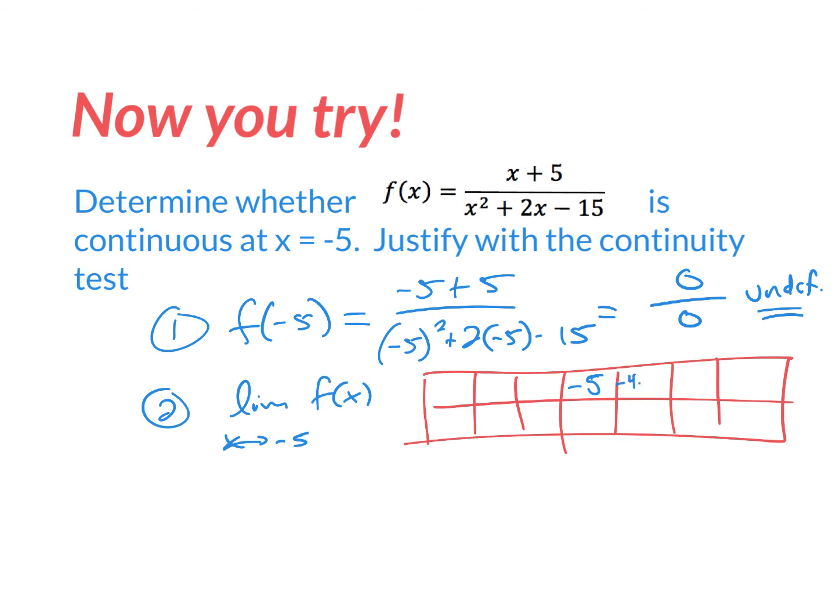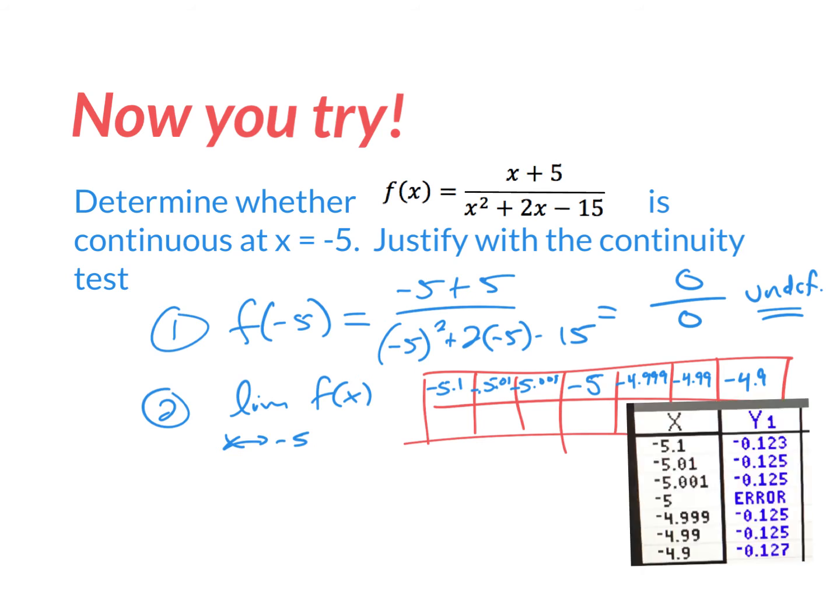It's going to be -4.999, -4.99, right? It's getting less and less negative, closer to 0. But then to the left of it, it actually gets bigger in the negative direction. So that would be -5.001, -5.01, right? And then -5.1. So you're going to type those values in on your calculator. And this is what I got, what you should have got.